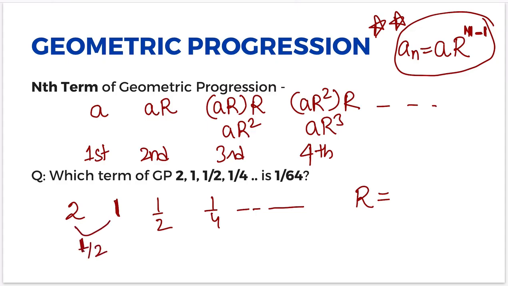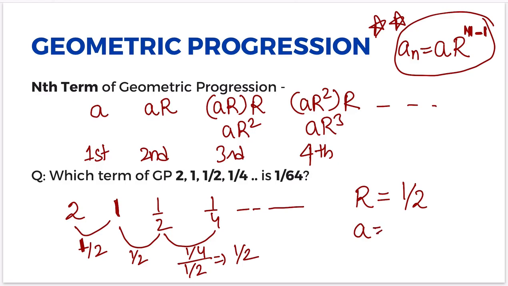Between these two, 1 by 2 divided by 1 is again 1 by 2. Here we have 1 by 4 divided by 1 by 2, you will get 1 by 2, and so on. So the common ratio in our case is 1 by 2, correct? The first term of the series is 2.